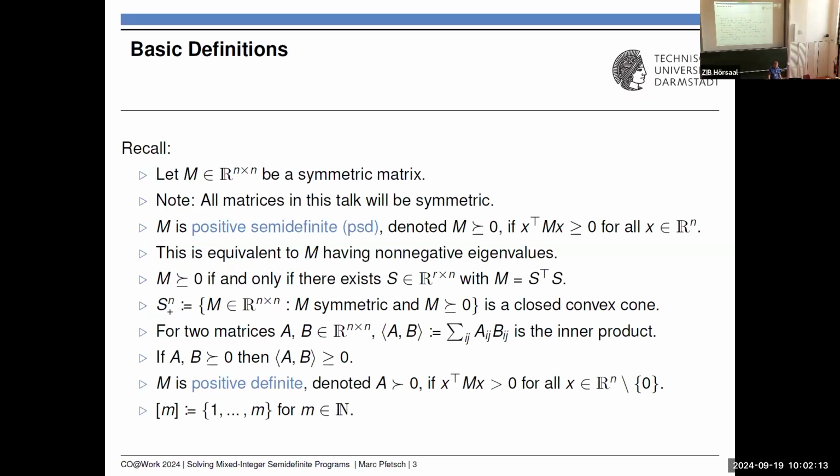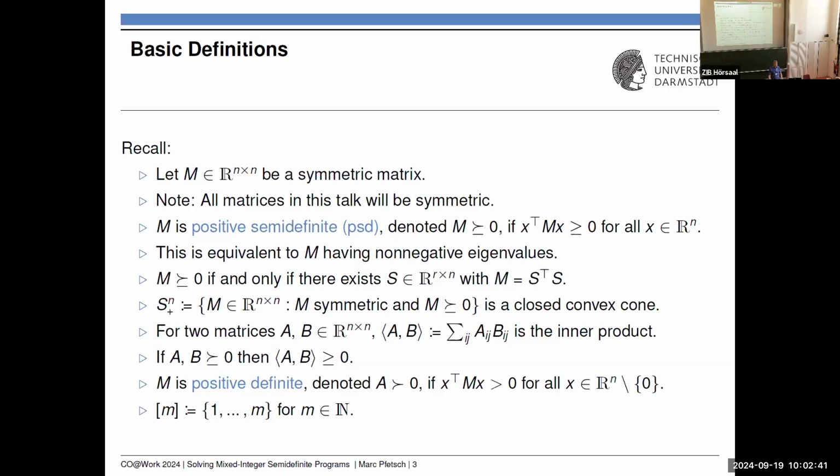Then this matrix M is positive semi-definite, which I'll abbreviate with PSD, and denote by M ⪰ 0, if the product of any vector x from the left and right on M is always non-negative. This should be somehow familiar to you, I hope at least.